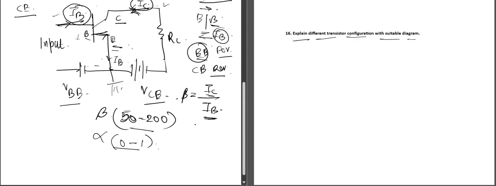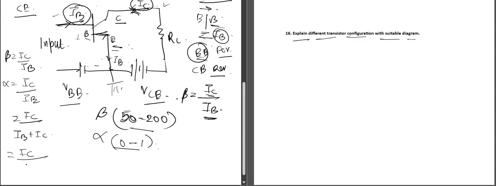If we want to establish a relationship between alpha and beta, we can do it like this. Beta is equal to IC by IB and alpha is equal to IC by IE. Now we know IE is equal to IB plus IC. If we take IB common, we get IB times 1 plus IC by IB.